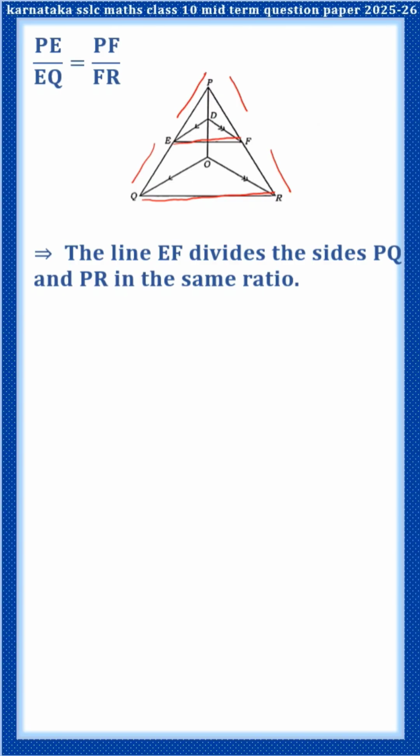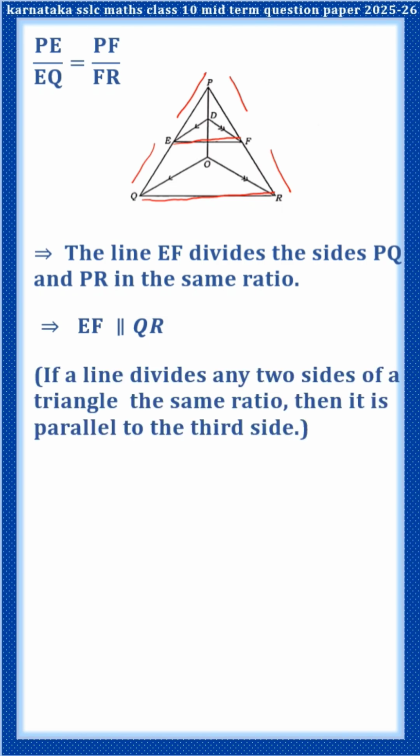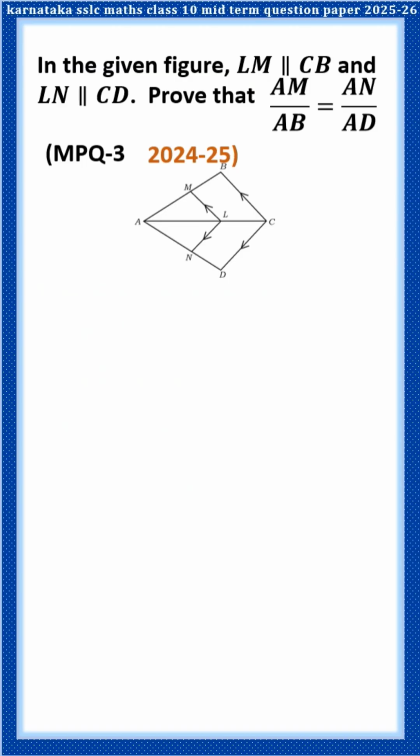Line EF divides the sides PQ and PR in the same ratio, means EF is parallel to QR. If a line divides any two sides of the triangle in the same ratio, then it is parallel to the third side. Hence proved.